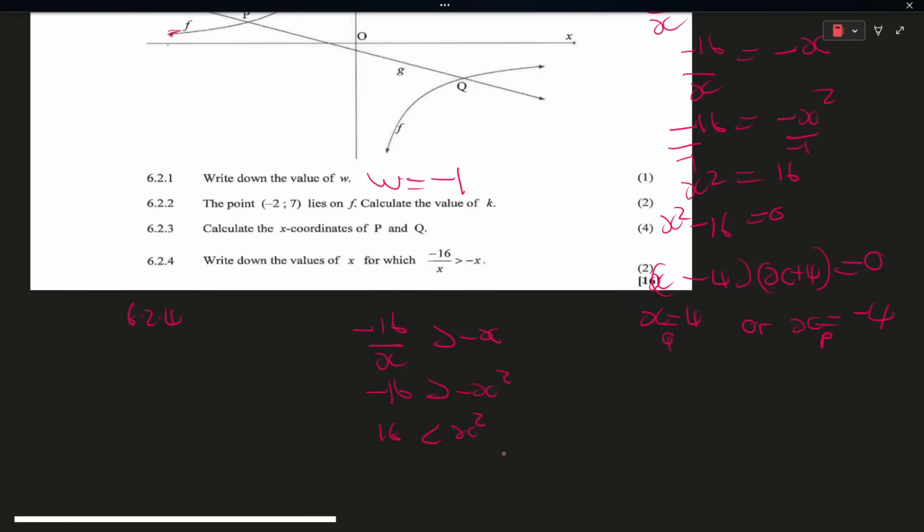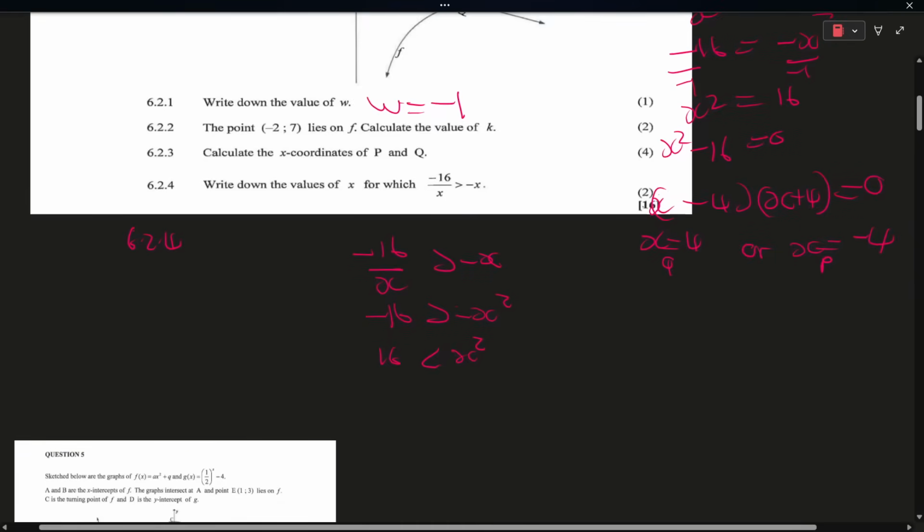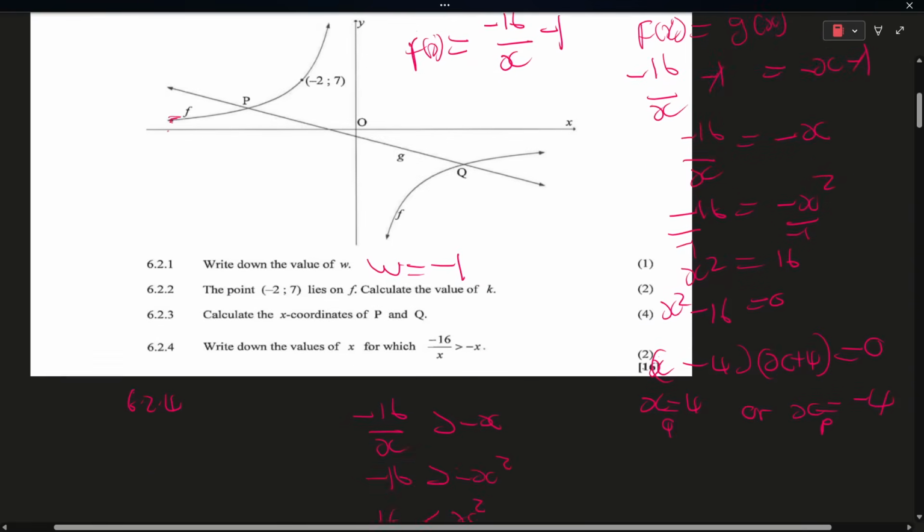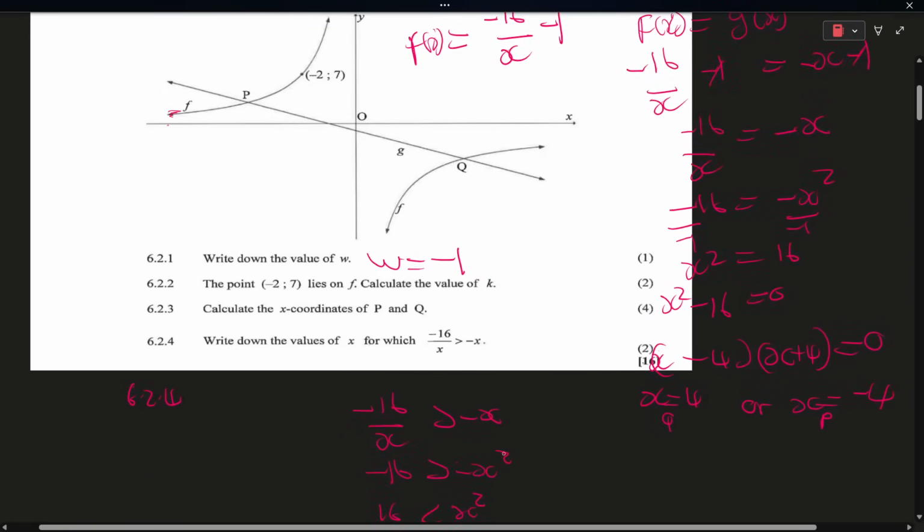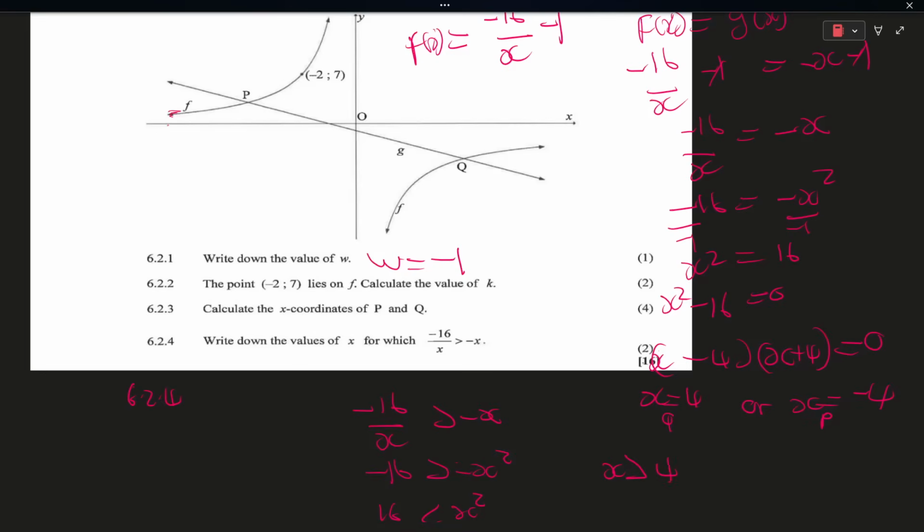So what will be my answers? We check from our graph. My answer is going to be x greater than 4, the 4 that I got here.